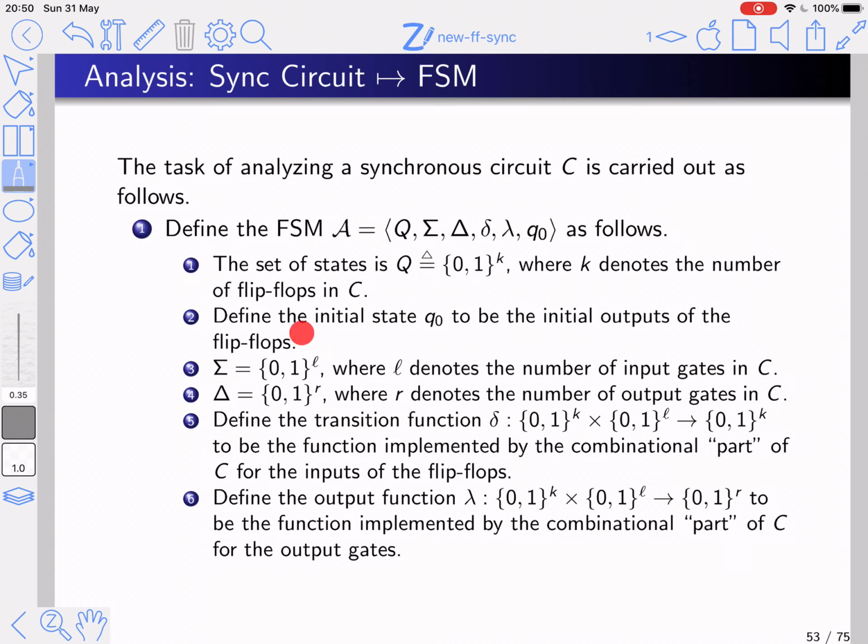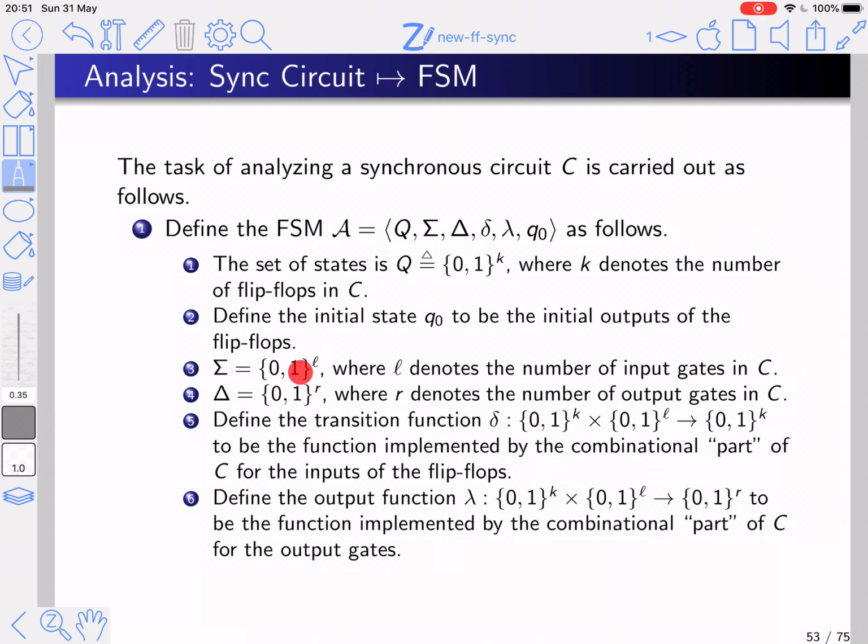So here I'm assuming that the flip-flops have initial values, that there's a reset signal that tells me what the initial values of the flip-flops are going to be. Let's say all zeros. The input alphabet, capital sigma, is {0,1}^L.